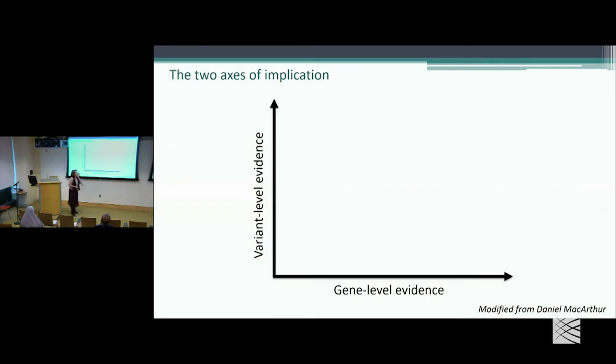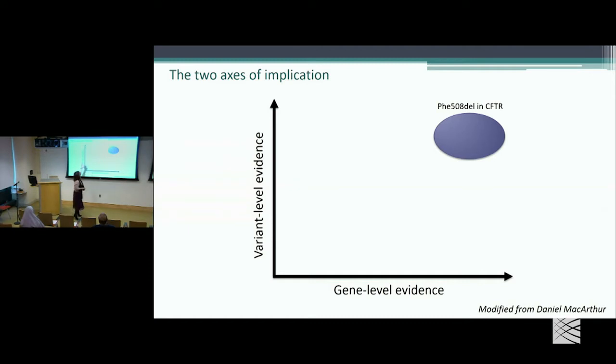I modified a figure that Daniel has shown in the past, really thinking about the comparison of gene-level evidence versus variant-level evidence. So we have mutations that are absolutely pathogenic in genes that are well-established causes of disease, like the Delta 508, the most common cystic fibrosis mutation in the CFTR gene that we know is the CF or cystic fibrosis gene.